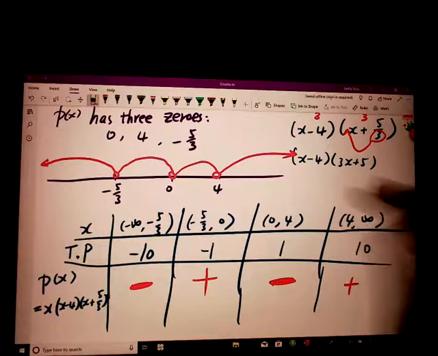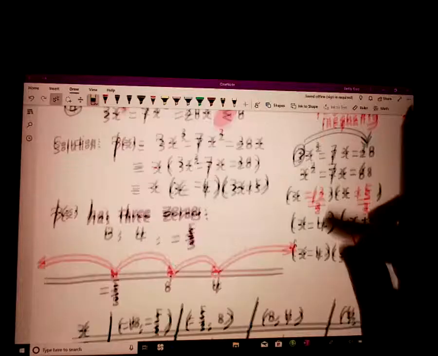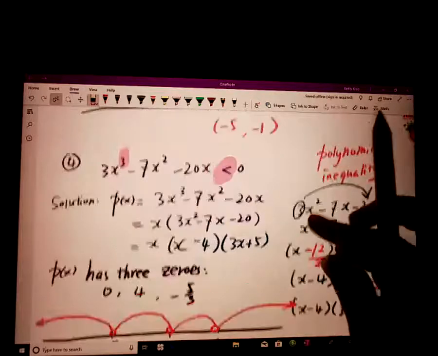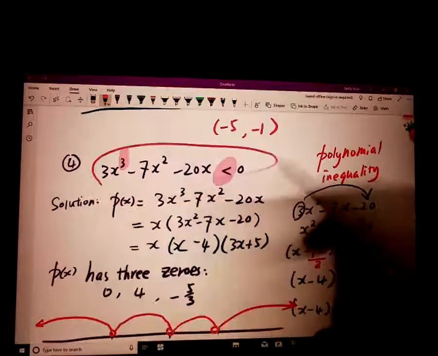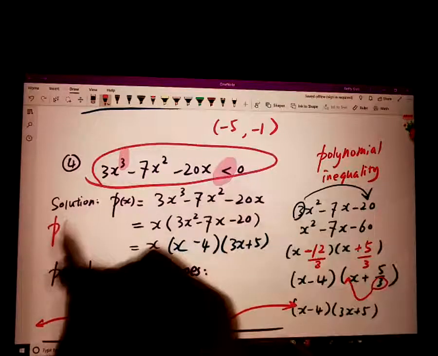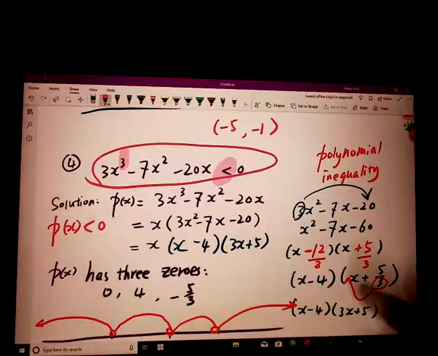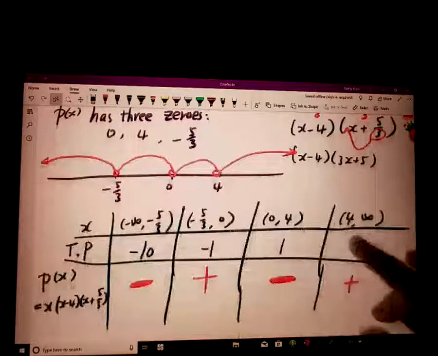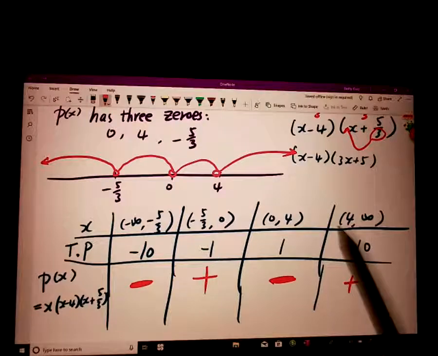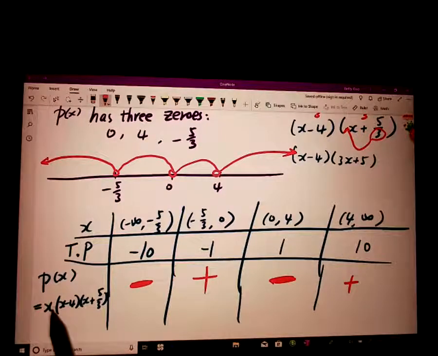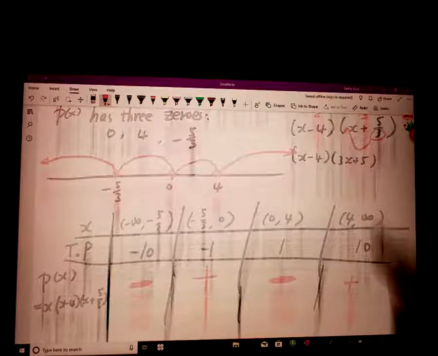So we complete the chart, and we are going to see the intervals over which the function p of x is less than 0. We are looking for the intervals over which p of x is negative. We have 4 intervals. We need to find the intervals over which p of x is less than 0.